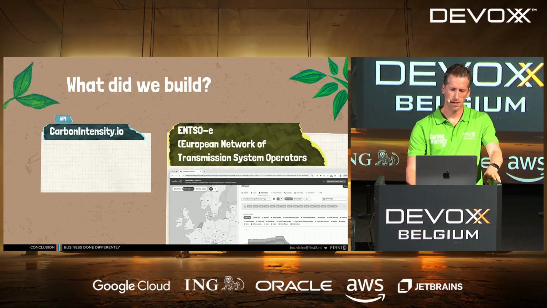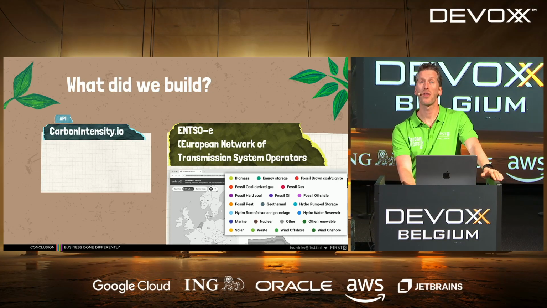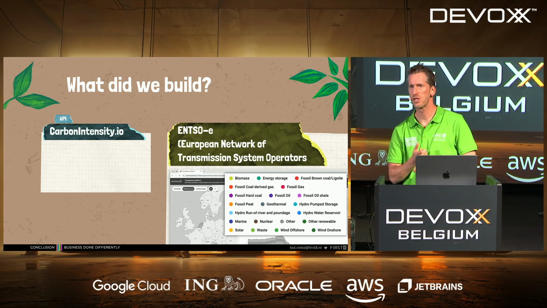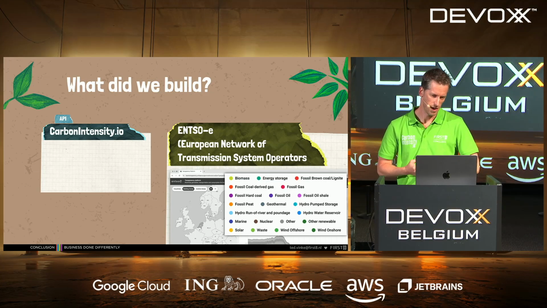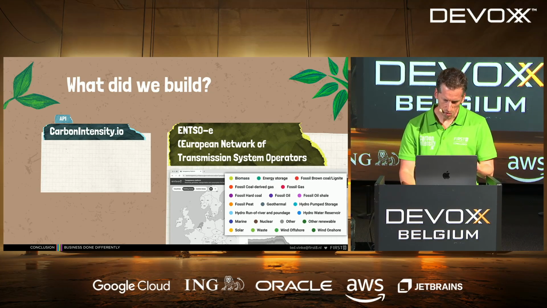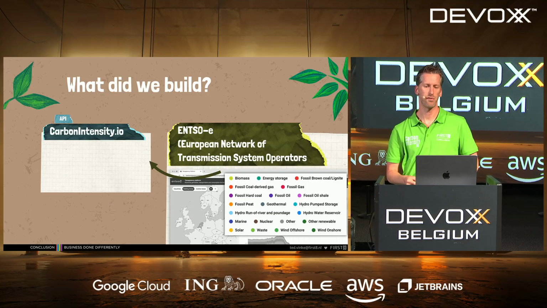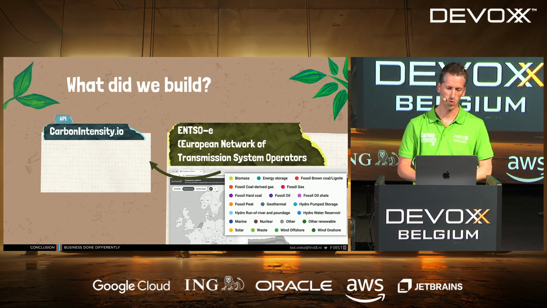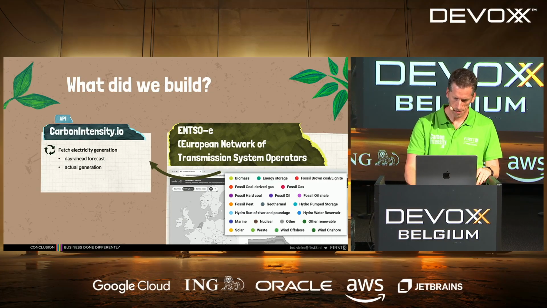And it has information on all the available types of energy data, such as consumption, transmission, energy congestion management. But we mainly use the generation of electricity, especially the day-ahead forecast and actual generation.